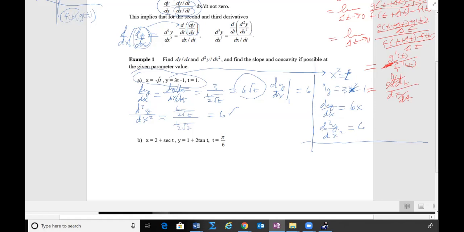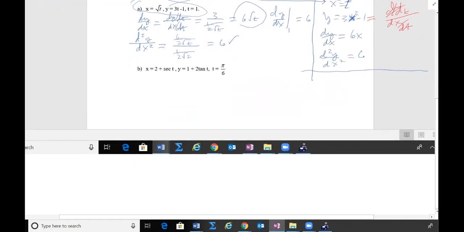Let's do the next one here. Okay, we want dy dx. Let's do dy dt over dx dt, which is, let's see, dy dt would be 2 secant squared t. Dx dt would be secant t tangent t, which then reduces to 2 secant t times cosine t over sine t.